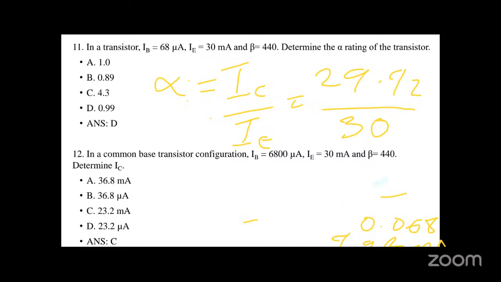You know that the value is approximately 30, so almost 1. But we are not going to approximate it. We'll leave it the way it is. So our answer is 0.99. No unit because they are both current. So our correct answer is D.